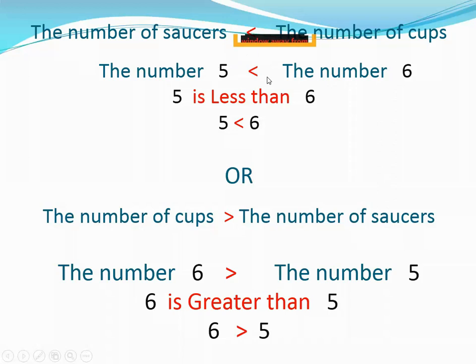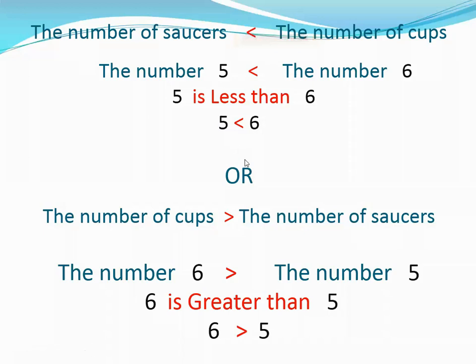So 5 is less than 6. We read it like this: 5 is less than 6. And how to write it? First we write the number 5 because it is less, then put the sign less than, and then write the other number, 6.